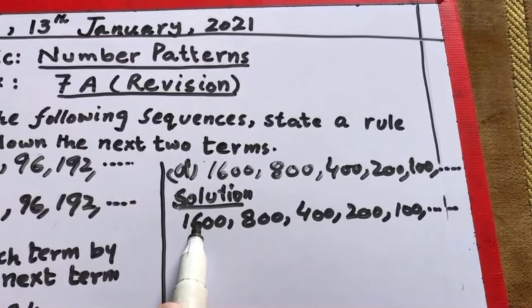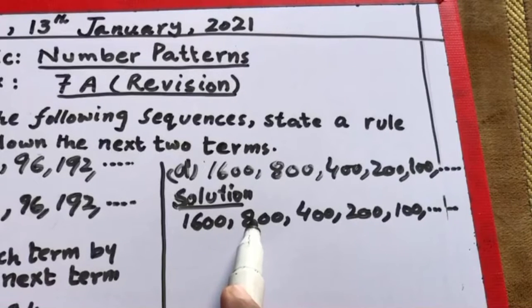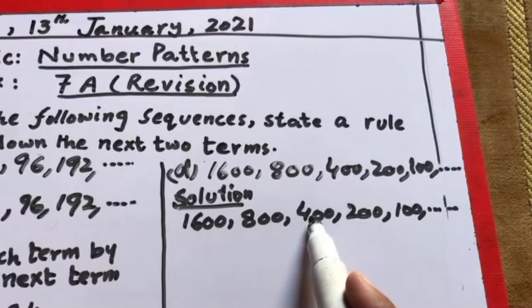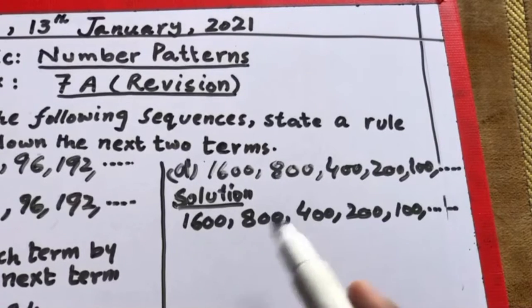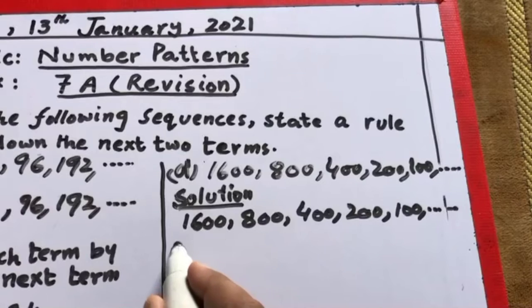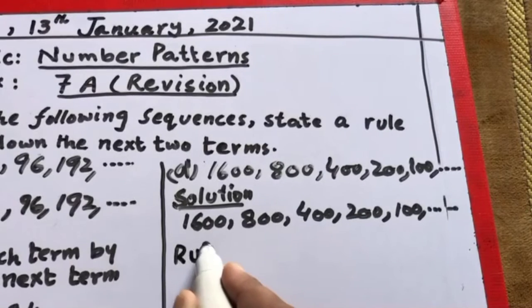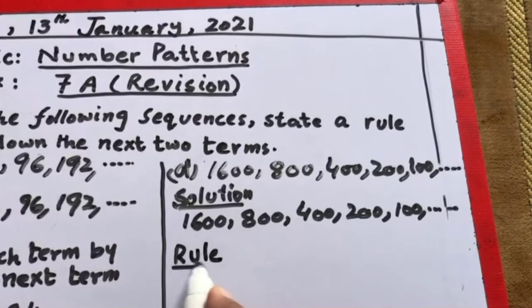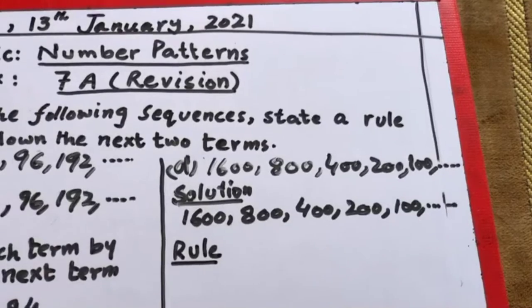If we divide 1600 by 2, then we will get the next term, which is 800, and if we divide 800 by 2, then we will get the next term. So the rule is, if each term is divided by 2, we can easily find the next term of the given number sequence.